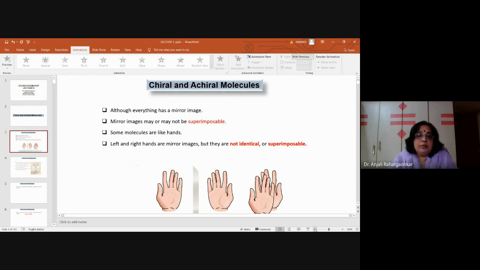But mirror images may be superimposable or they may not. Some molecules are like-handed, meaning they are superimposable, and some molecules are not. So we can say that they are not identical; they are not superimposable.